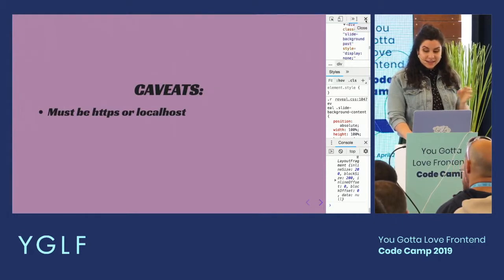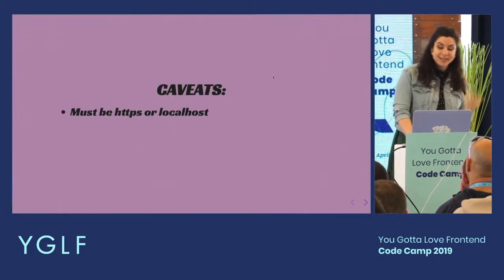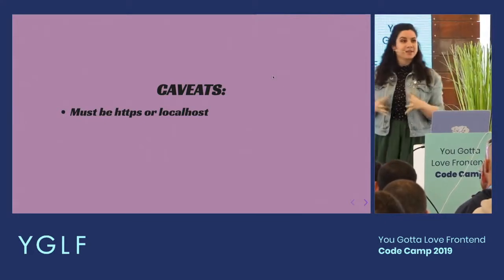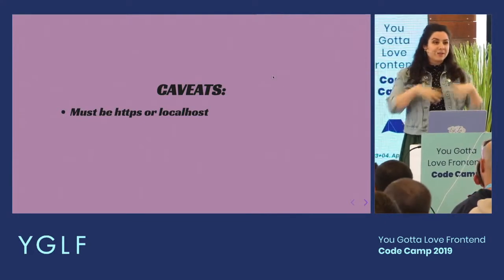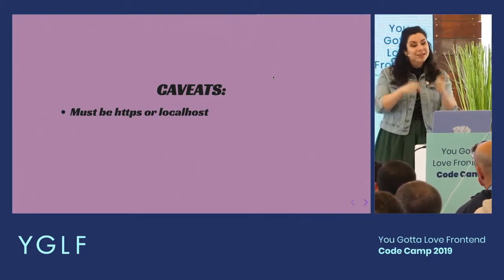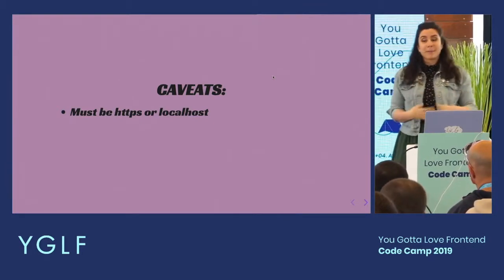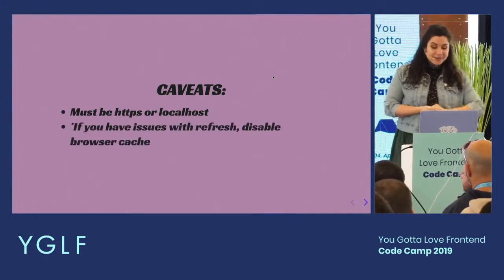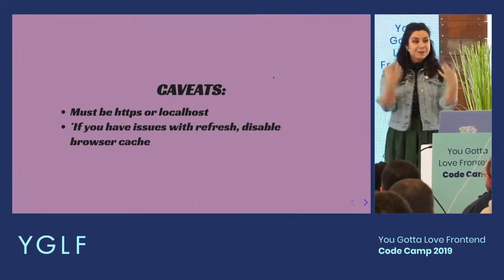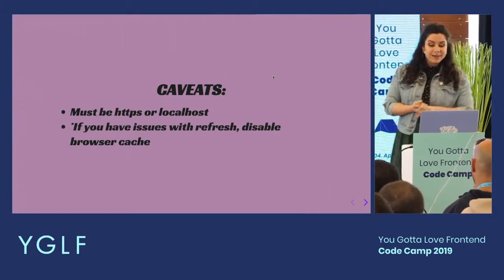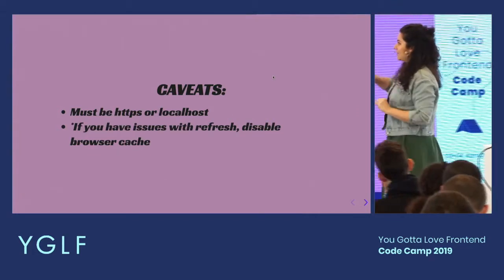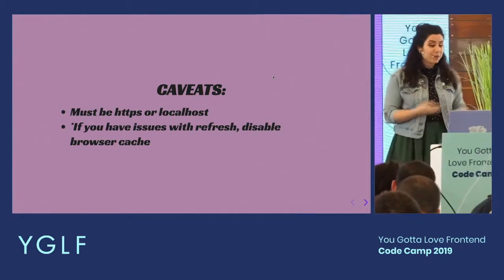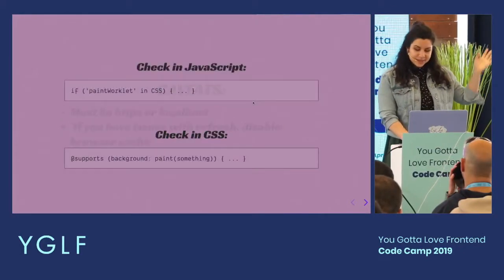Also, caveats are that you must use HTTPS or localhost for reasons I went over, and that's because you're outside of your browser bubble, and we get a lot of great benefits for that, but it could be bad for security. And also, if you have issues with refreshing, sometimes disabling your browser cache helps. I had a setting for disable browser cache when DevTools is open, thought that it would fix that other problem, but you know, it works every other day.